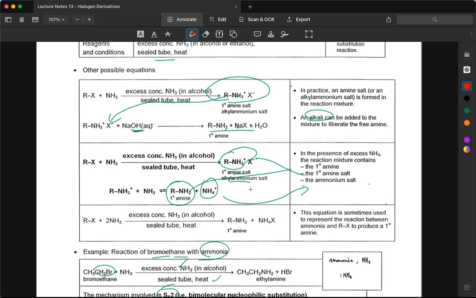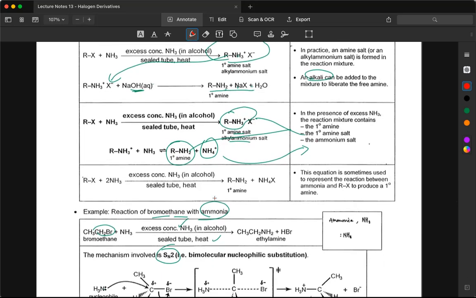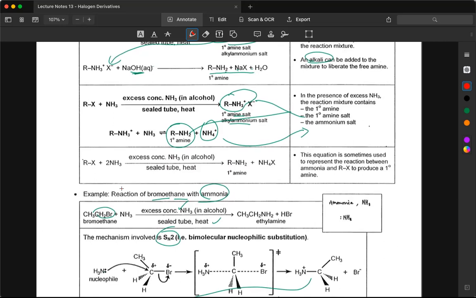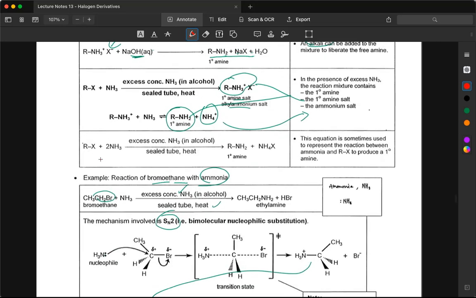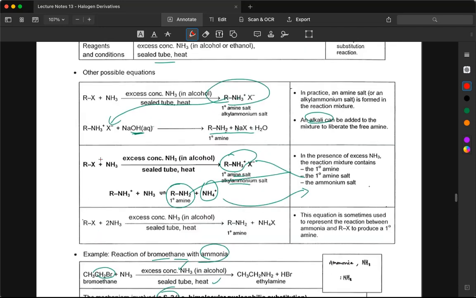So the reaction mixture will contain the primary amine salt here, and the ammonium salt. Also, this will do. So basically it is to remove the X from the halogenoalkane.